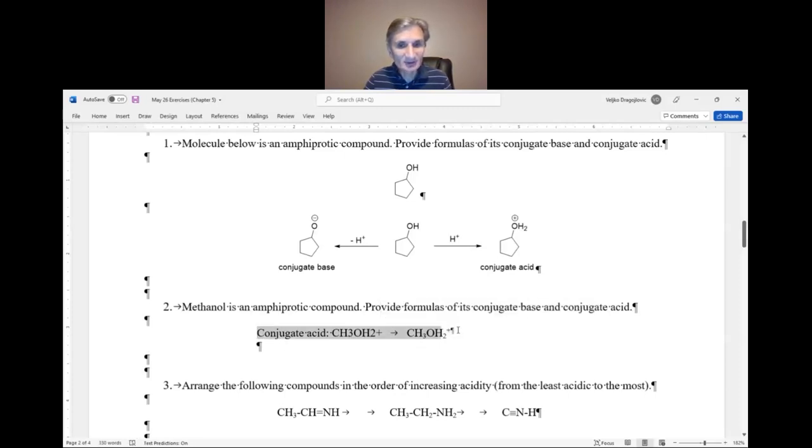The conjugate base would be the deprotonated species. So that would be oxygen minus. And so you need just a minus sign.